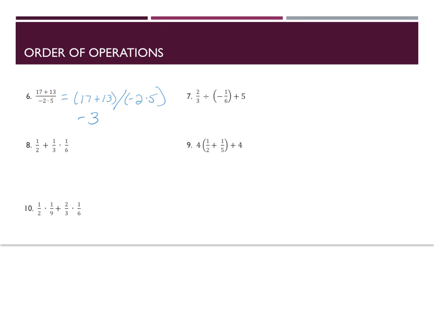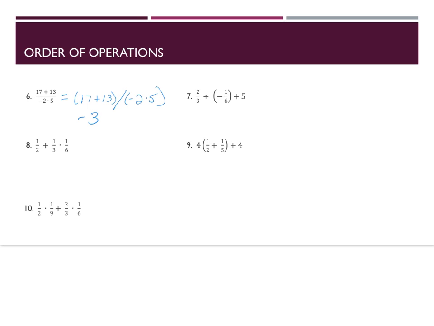Now on number 7, it's a good idea whenever I type a fraction to go ahead and enclose it in parentheses. In this case, especially with division, you want to make sure that the calculator knows exactly what it is that you're talking about.